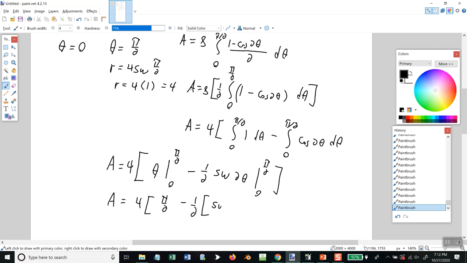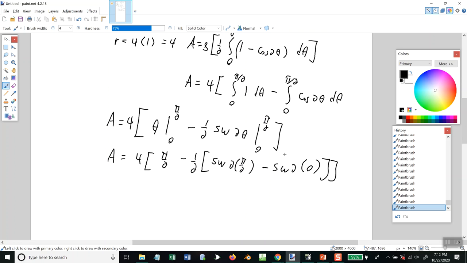I'm going to have sine of 2 times pi over 2 minus sine 2 times 0. Twos cancel. I got sine of pi. Sine of pi is 0. 2 times 0 is 0. Sine of 0 is 0. So all that drops away. It's just a big 0 there.